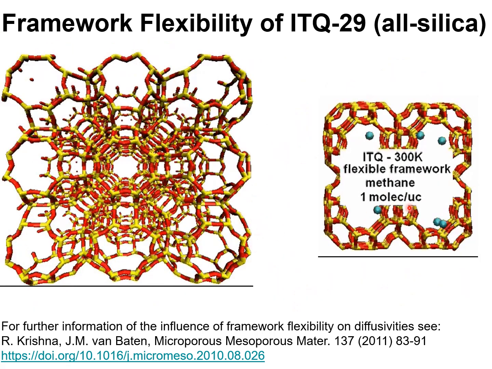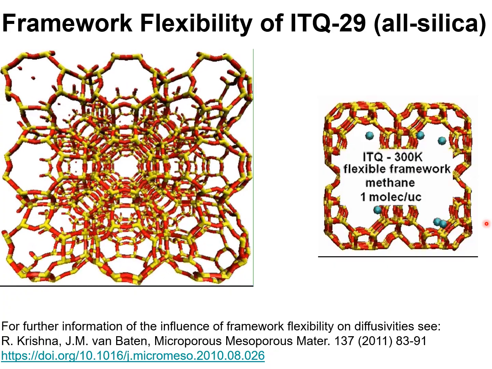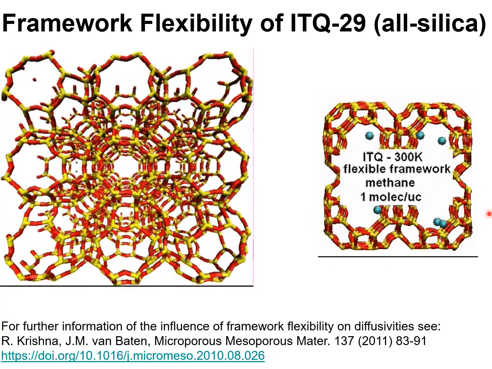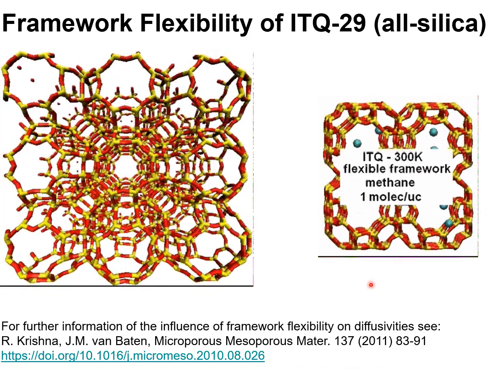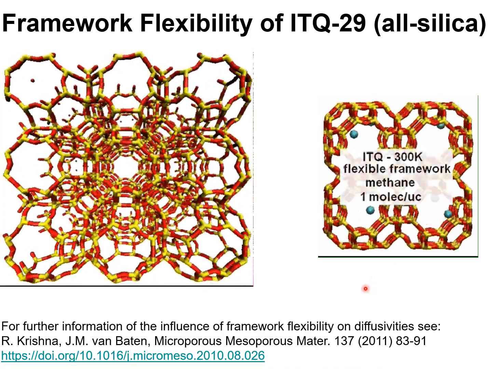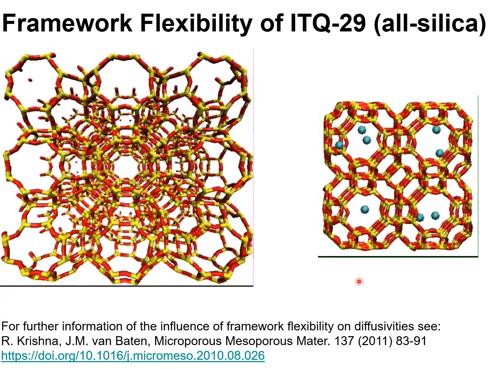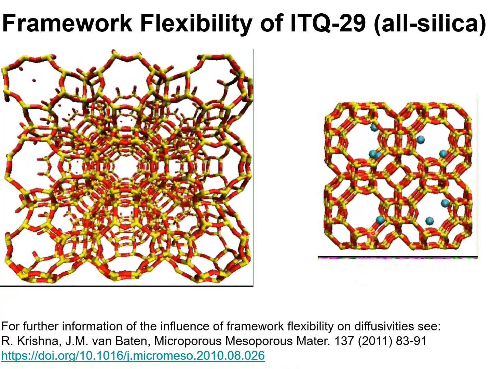Here are animations showing the framework flexibility of ITQ-29. This is the framework without any guest molecules, and this is the ITQ-29 framework containing 1 molecule per unit cell of methane.